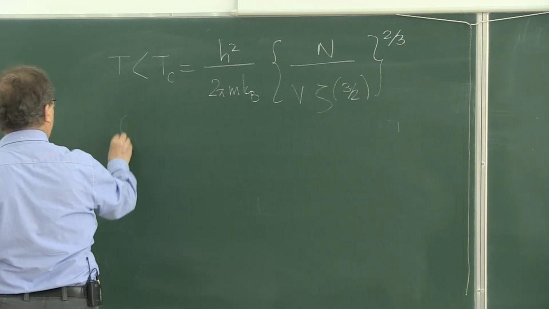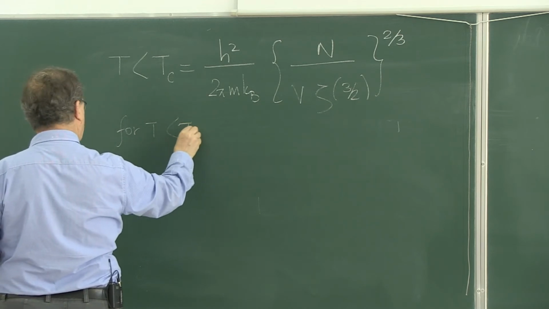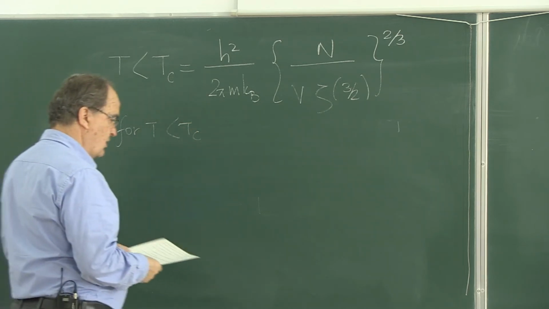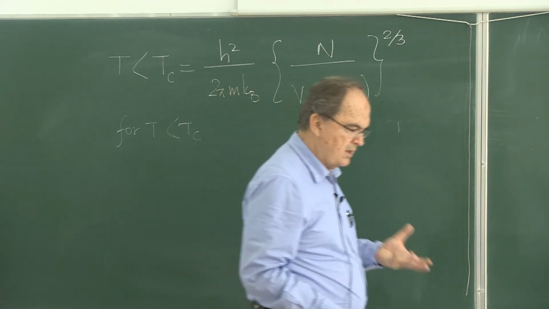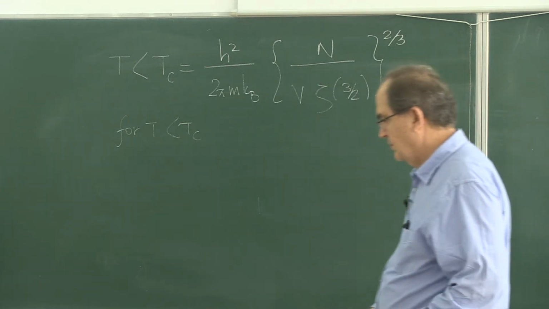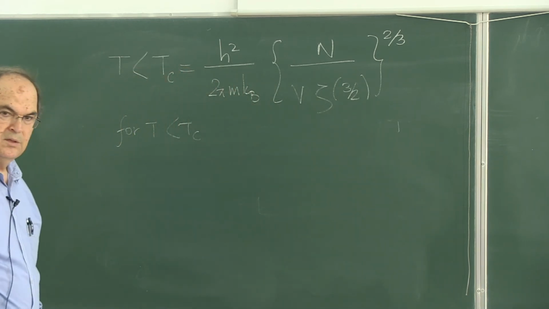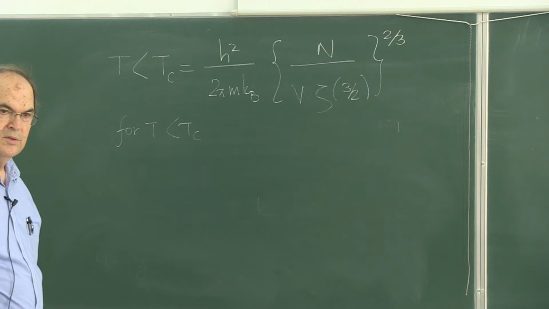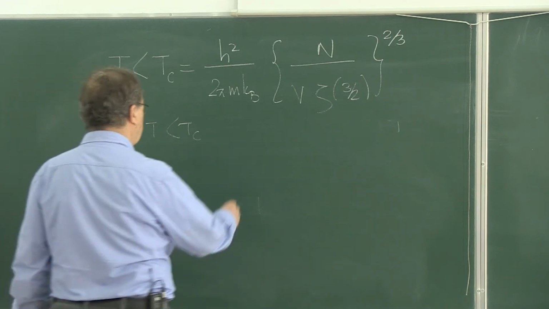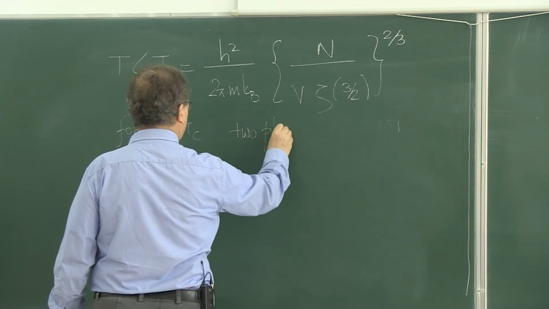For T lower than Tc, what do you have in hand? You have a two-phase system, isn't it? If you take those in the excited state as one phase, and those in the ground state as another phase, it is a two-phase system.